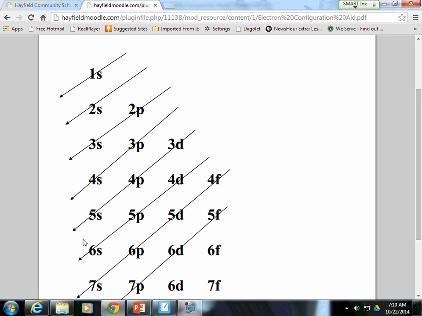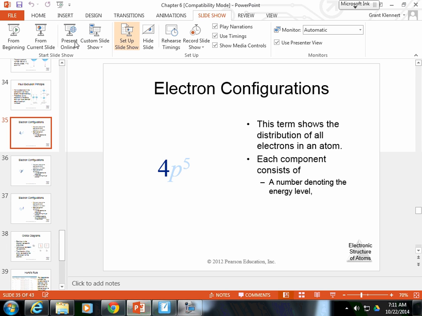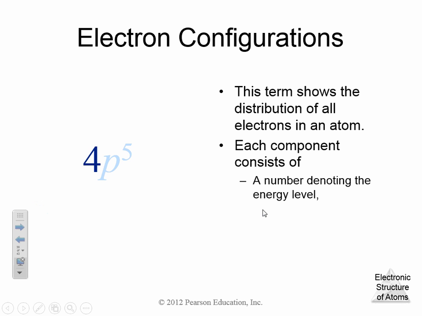This should be reviewed from last year. Remember that all the s orbitals, or angular momentum numbers, can hold 2 electrons. P's can hold 6, D's can hold 10, and F's can hold 14, regardless of what their energy level is. So when we go back and look at electron configuration, remember you have 3 pieces of information here.